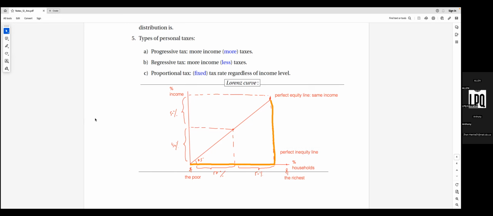But in real life, realistic income distribution situations can be represented by a Lorentz curve. Lorentz curve like this.